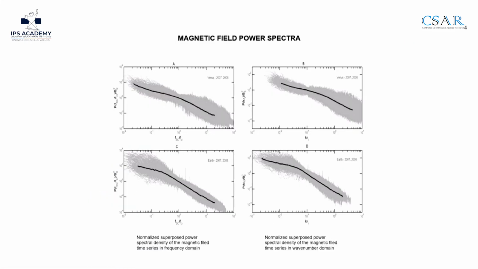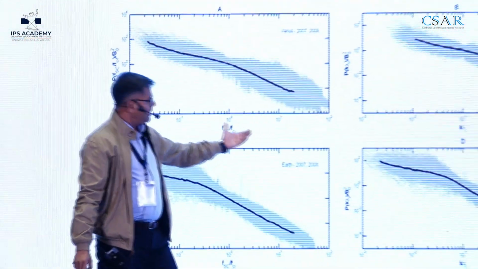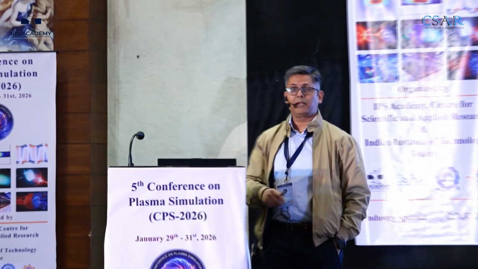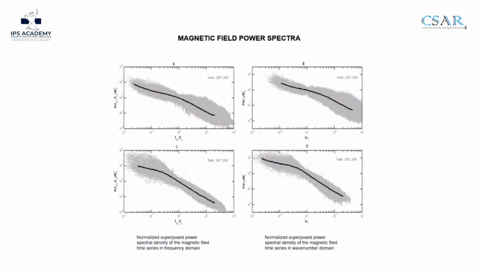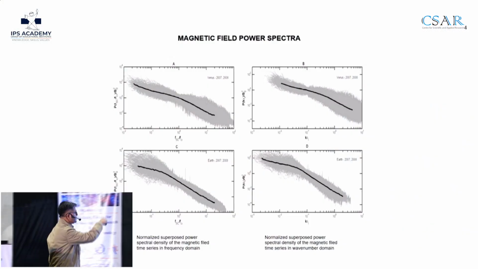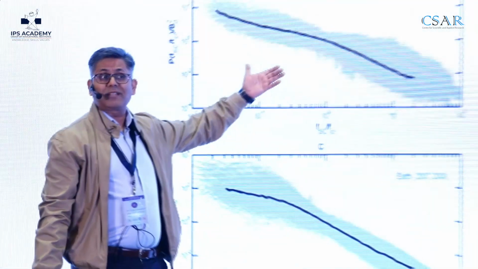Then the magnetic field spectra. What you see is the superposed magnetic field spectra computed in the spacecraft frequency domain and also in the wave number domain. To get the wave number magnetic field spectra, I used the Taylor frozen-in hypothesis to map the spacecraft frequency to the wave number. On the top panel, you can see the superposed spectra for each of the selected events.